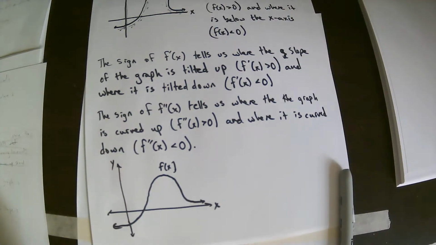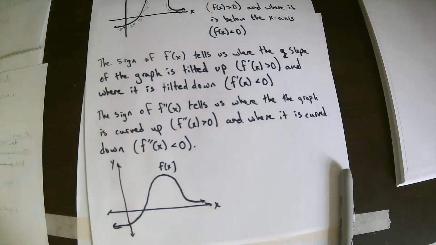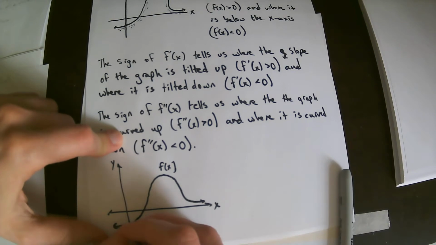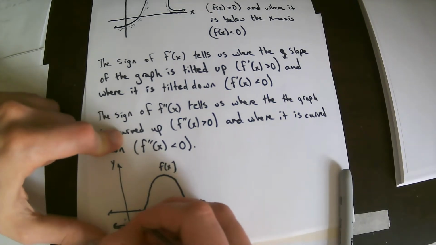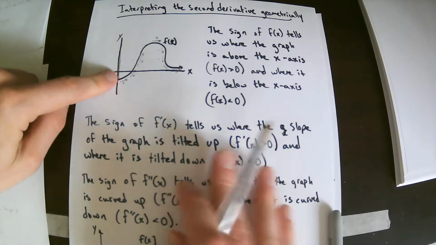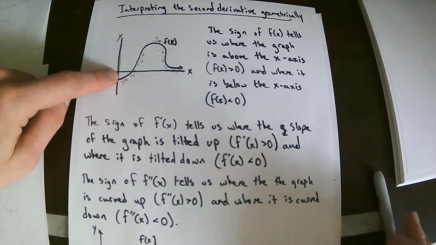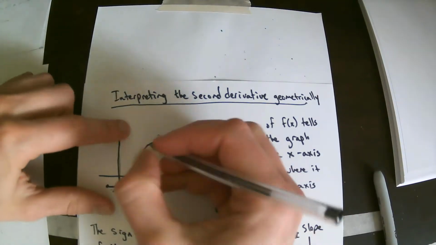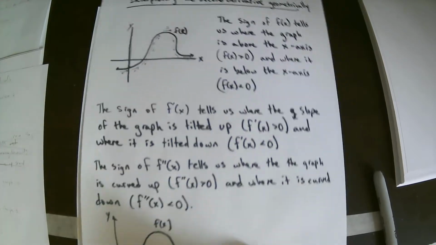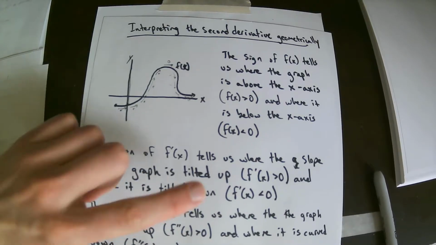Well, let me get a better pen. The graph is curved up here, right? That's curving up, the same place where we had a positive slope, and we had a positive slope all the way until we got to that 0 point for the slope.